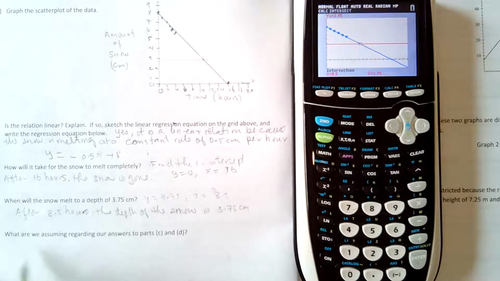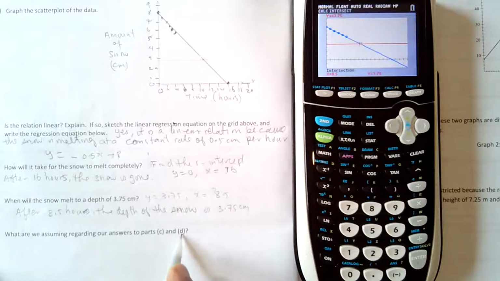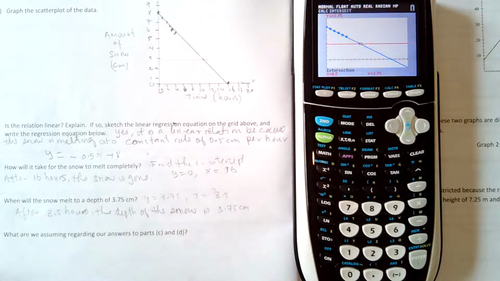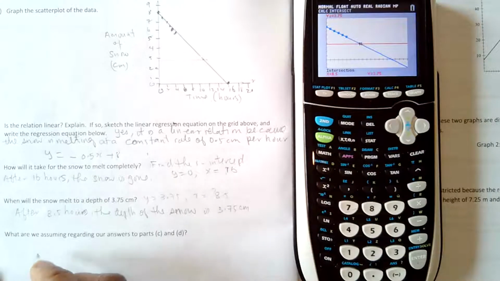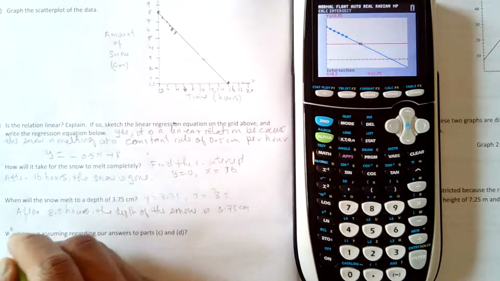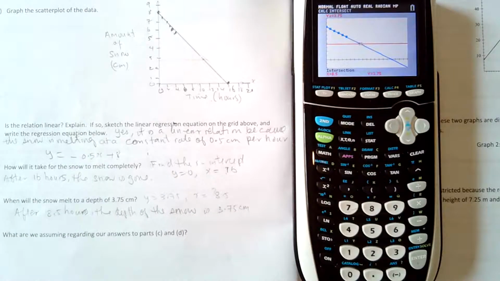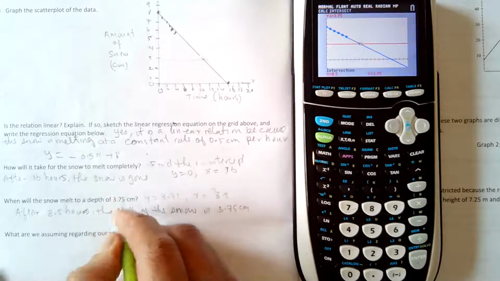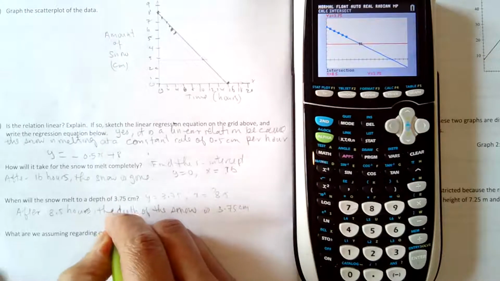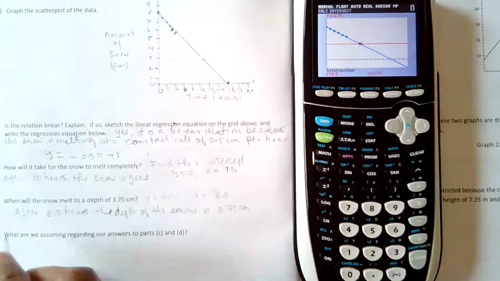And the last part here, what are we assuming regarding the amount of answers to part C and D? Well, C and D, we are assuming that the snow will melt at a constant rate. Okay, that may not happen all the time, but we are making that assumption because the rate of melting will increase the less snow there is, technically. So that's a different set of questions, but for now we're making that assumption.